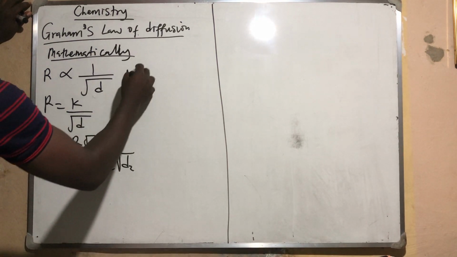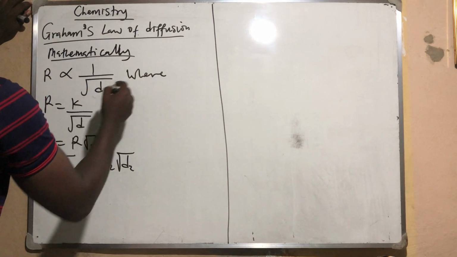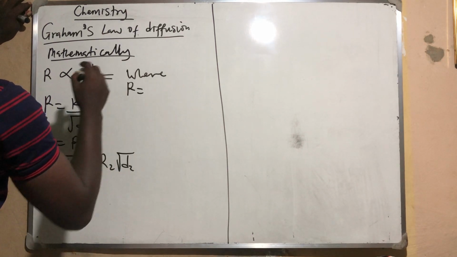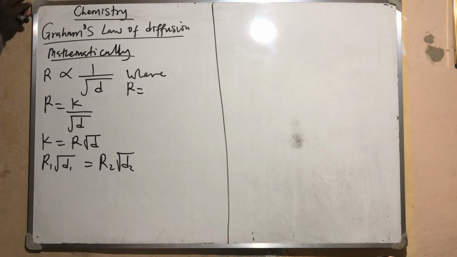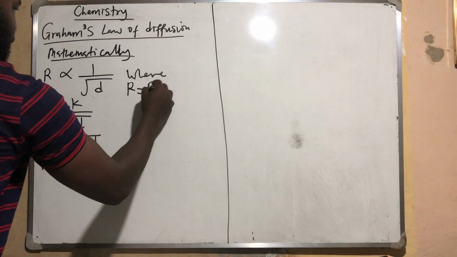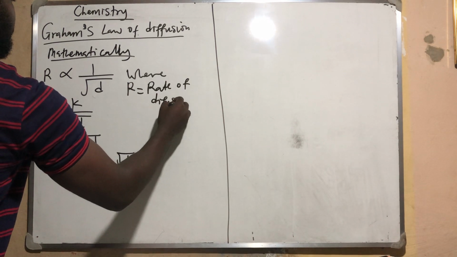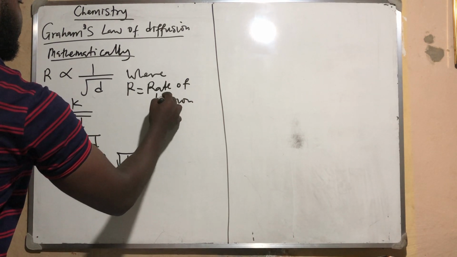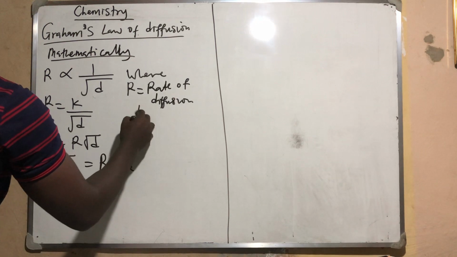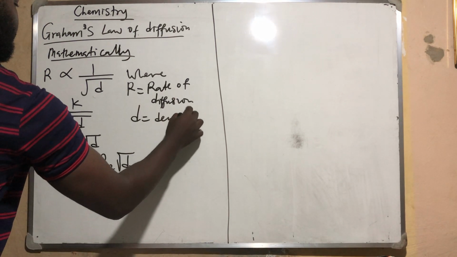Where, very important, you must tell them that R is the rate of diffusion, and D is density.